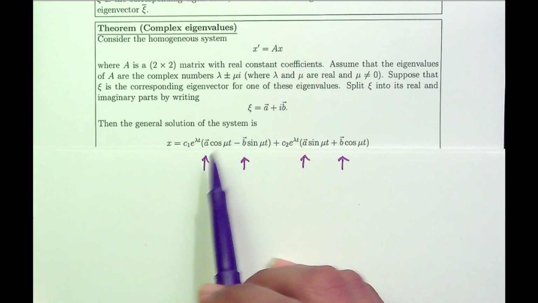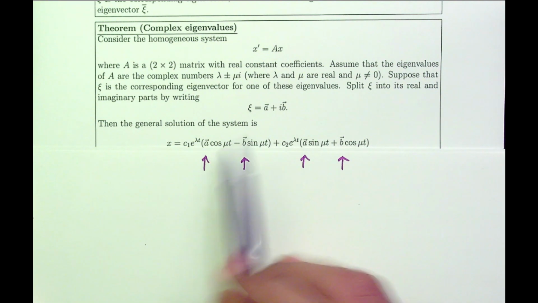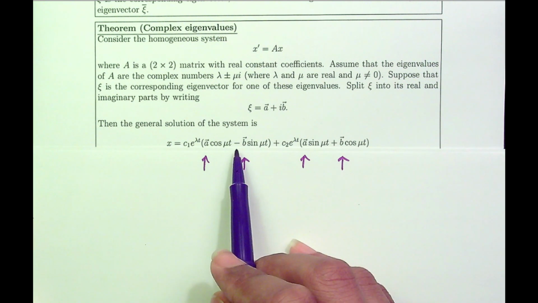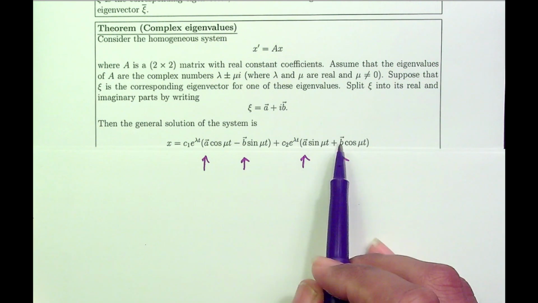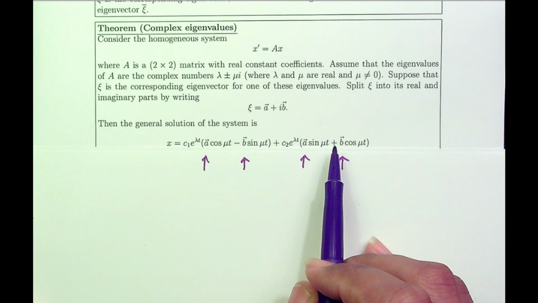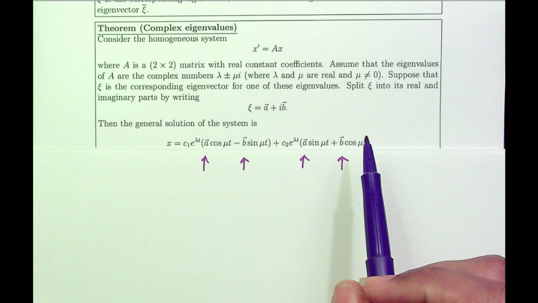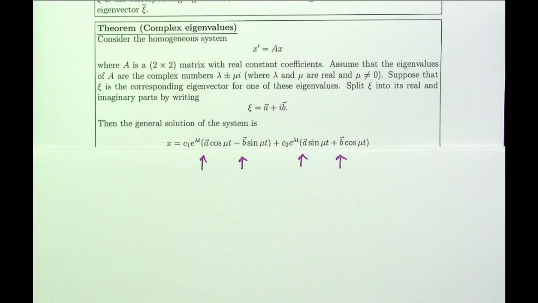We have cosine and sine and a minus, and then the sine and the cosine switch places, and the sign in the middle changes. So there are two changes. That's not too bad to remember. But after a while, not using this, you tend to forget it.